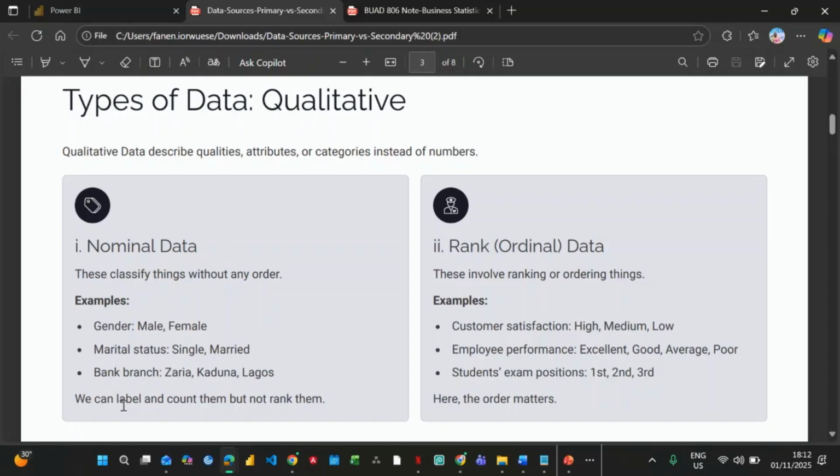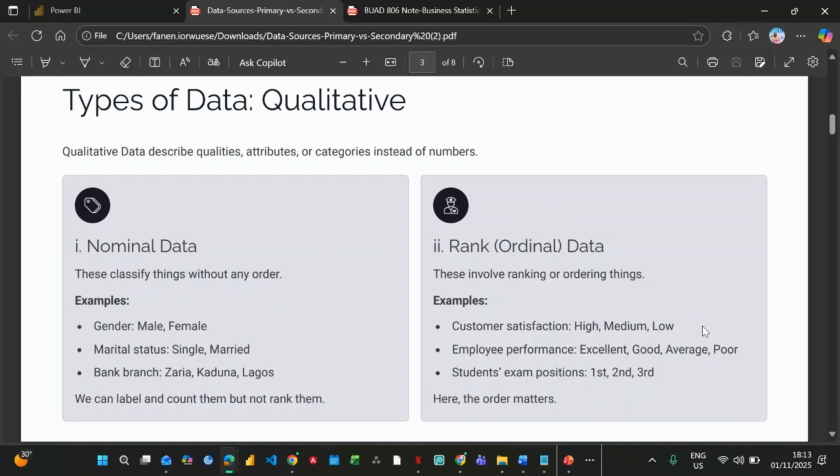On the ordinal data, this involves ranking or ordering things. For instance, customer satisfaction: we look at high, middle, and low. There's actually a number that can tell. Say a customer who gives us from 5 to 4 is high, 3 to 4 is middle, and 3 to 2 is low. We have ranked the whole thing.